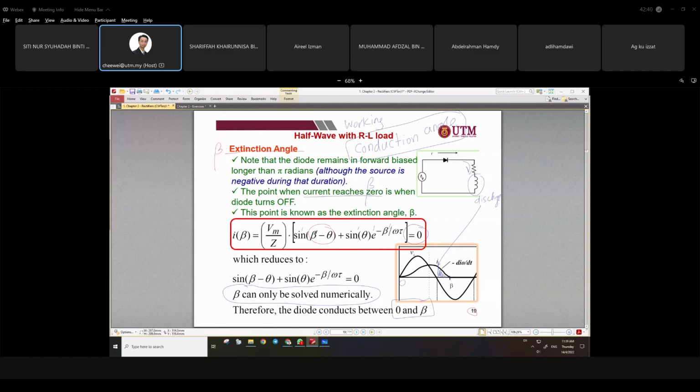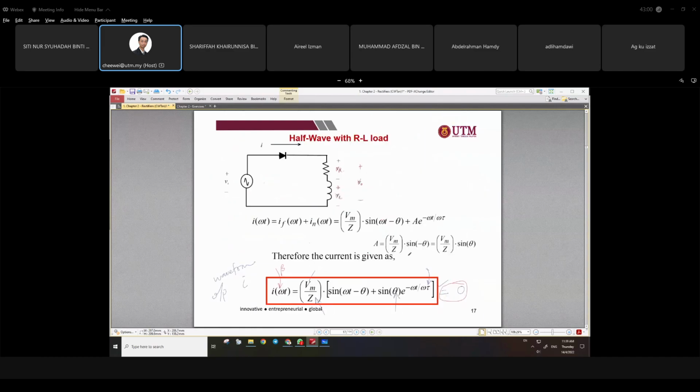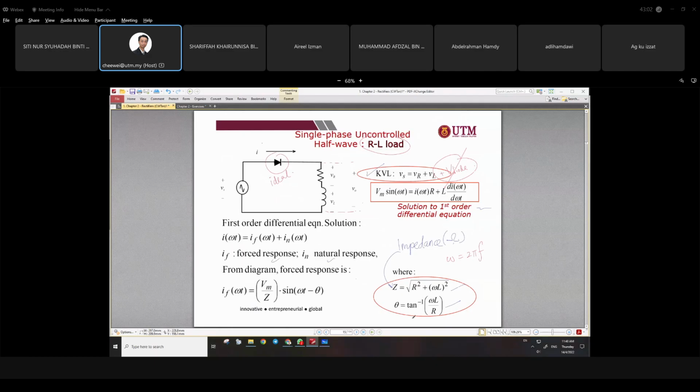Because beta we need to find. Then what else can we find here? This one. Sine theta. For sine theta, we need to know what theta is. How much is theta? Theta is found using this equation. Can you tell me what the theta value is? Calculate now.